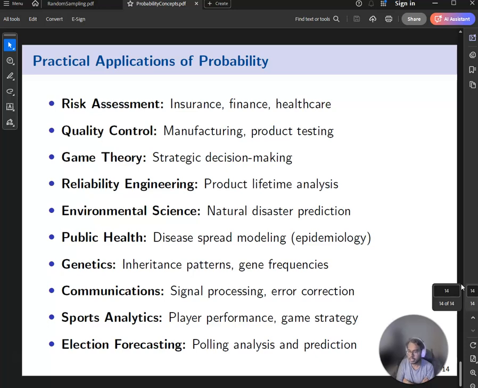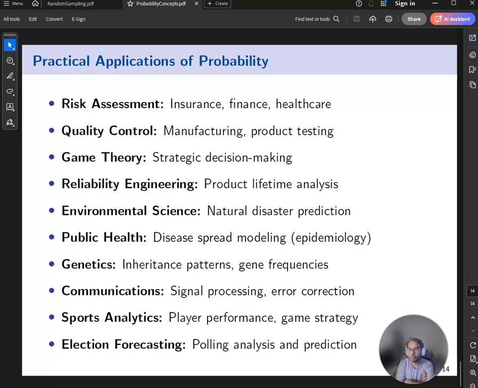By sampling products and understanding the probability of defects, companies can maintain quality standards without having to inspect every single item that they produce. Game theory uses this to analyze strategic decision making, whether it's in economics or politics or even sports. Understanding the probability of various outcomes helps people make optimal choices in competitive situations.